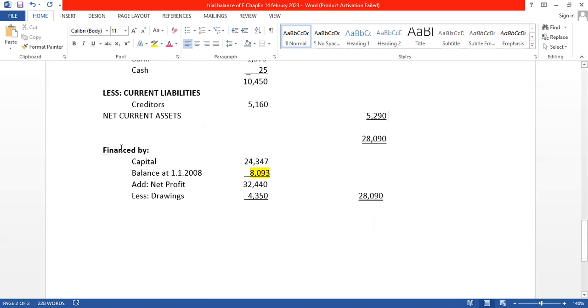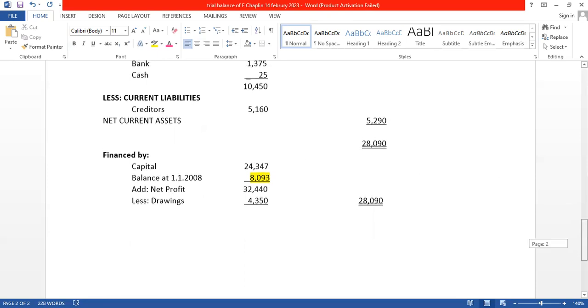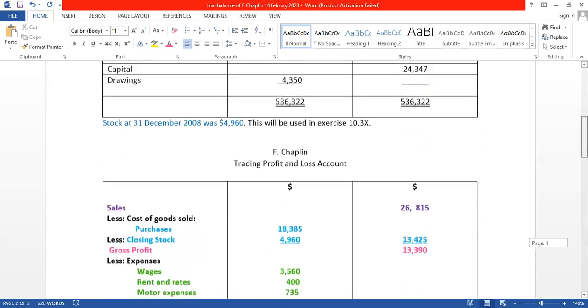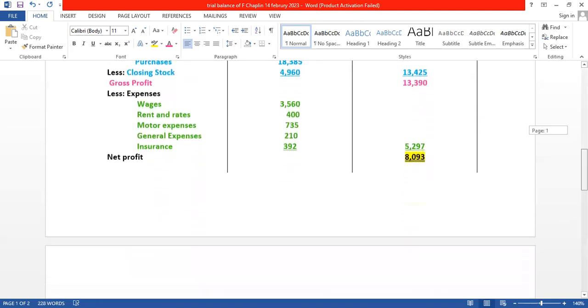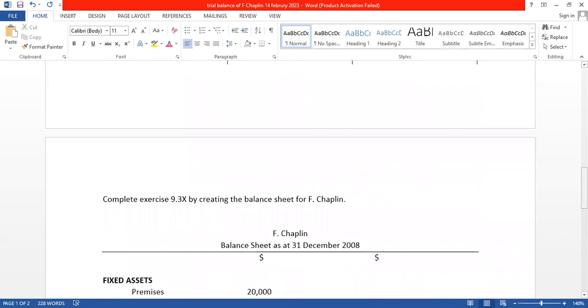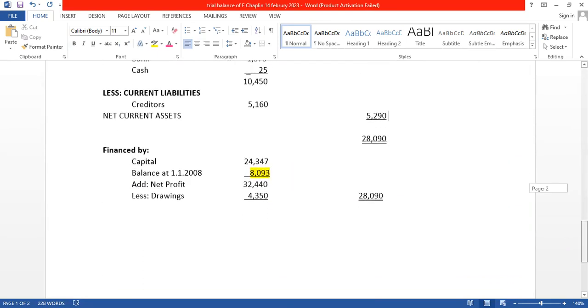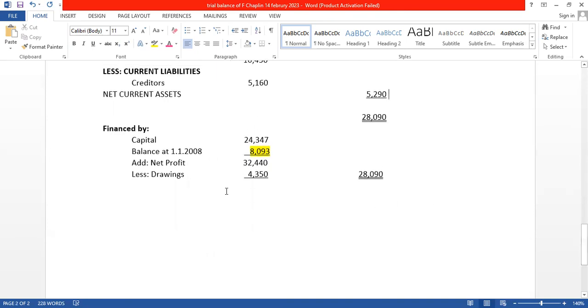All right, so here we are, financed by capital. What is our capital? How did we get that figure for capital? Again, it's found in the trial balance. Here it is, capital, $24,347. You scroll back down to the balance sheet.